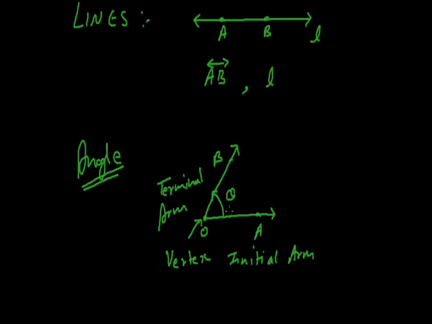Now generally an angle can be represented as, let's say, angle BOA. The vertex should be written in the middle, that is, the vertex is O. So there are various ways to represent an angle. One way is angle BOA, or sometimes we write angle O, or sometimes we write angle theta, because this angle is represented as theta.